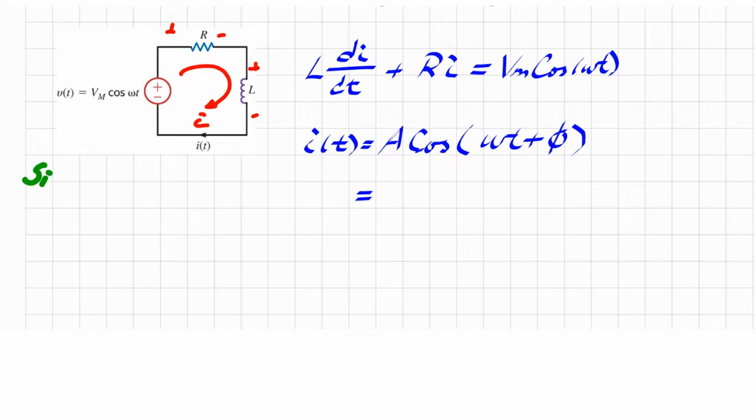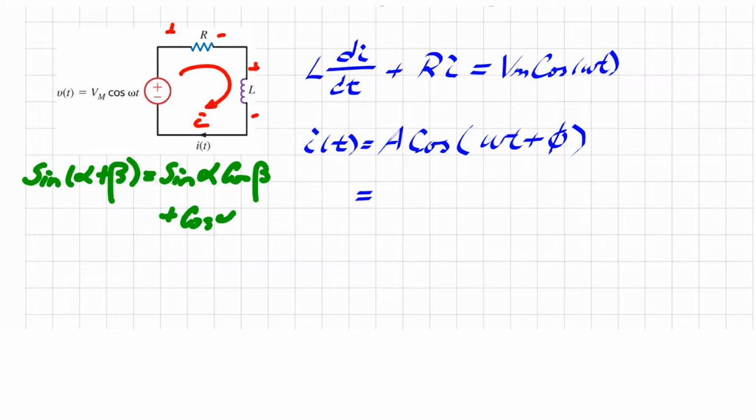If we have sine of alpha plus beta, we can split that up. That is equal to sine alpha times cosine beta plus cosine alpha times sine beta.